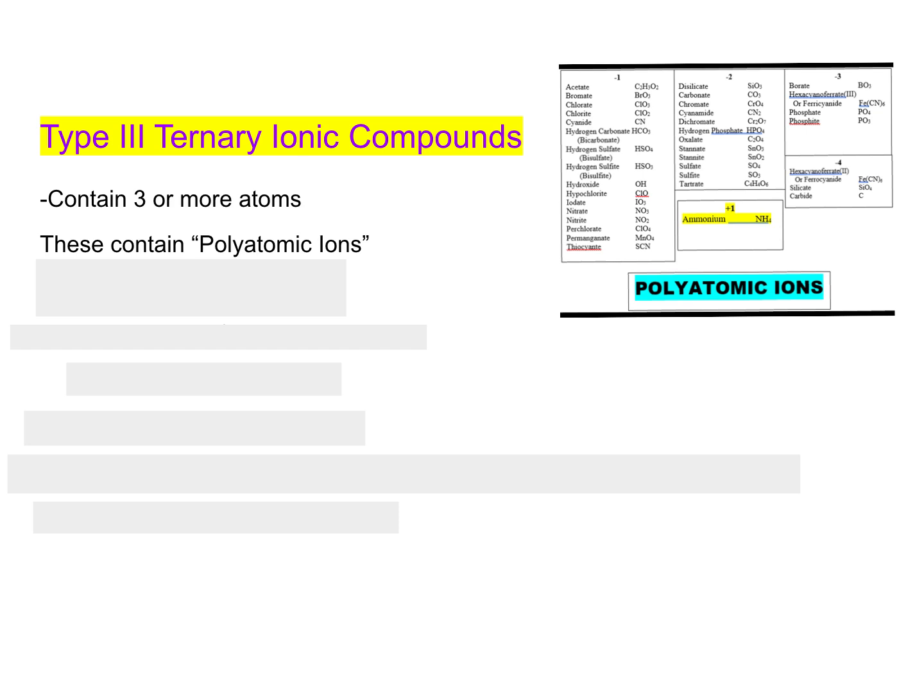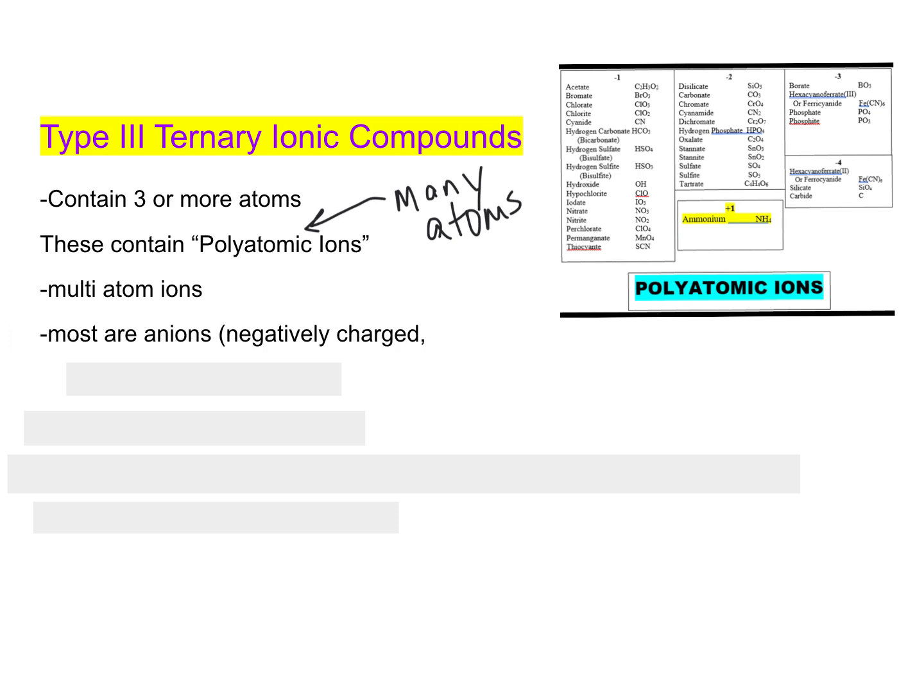Poly means many, and atomic means atom, so it's saying it's made up of many atoms. These ions are multi-atom ions, so instead of just chlorine being a negative charge, it's going to be made up of many different atoms.